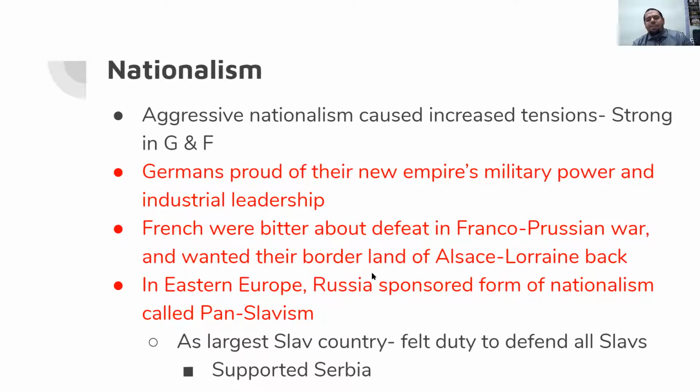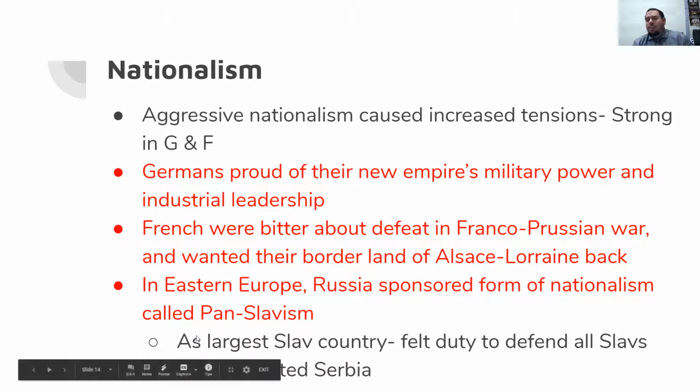In Eastern Europe, Russia sponsored a form of nationalism called Pan-Slavism. And as the largest Slav country, they felt a duty to defend all Slavs. And so they are going to give support to Serbia later on, because Serbia is Slavic.